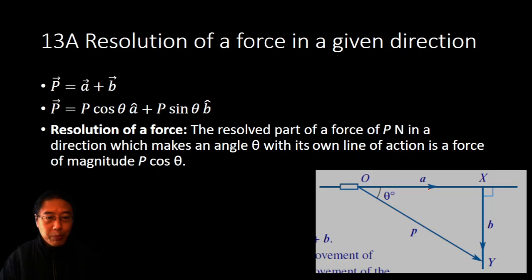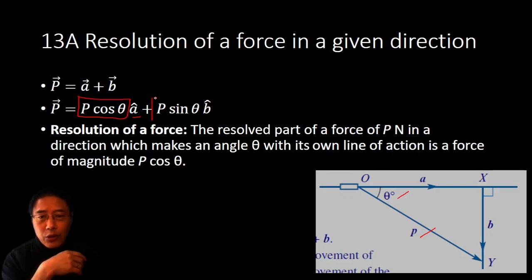If you know the angle theta which you want to project towards, and you also know the magnitude P of the force that you apply, you can find the magnitude when you project along the A vector, which is P times cos theta, and the perpendicular one is going to be P times sin theta.